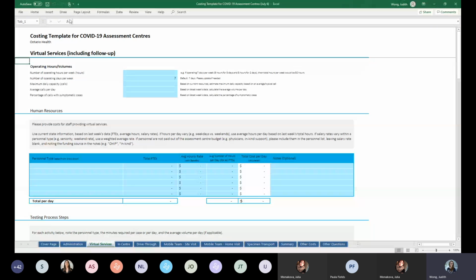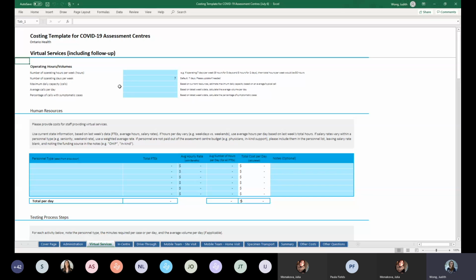One thing I want to emphasize about the virtual services tab is that not all assessment centers will offer a range of virtual services. However, on the virtual services tab is follow-up.